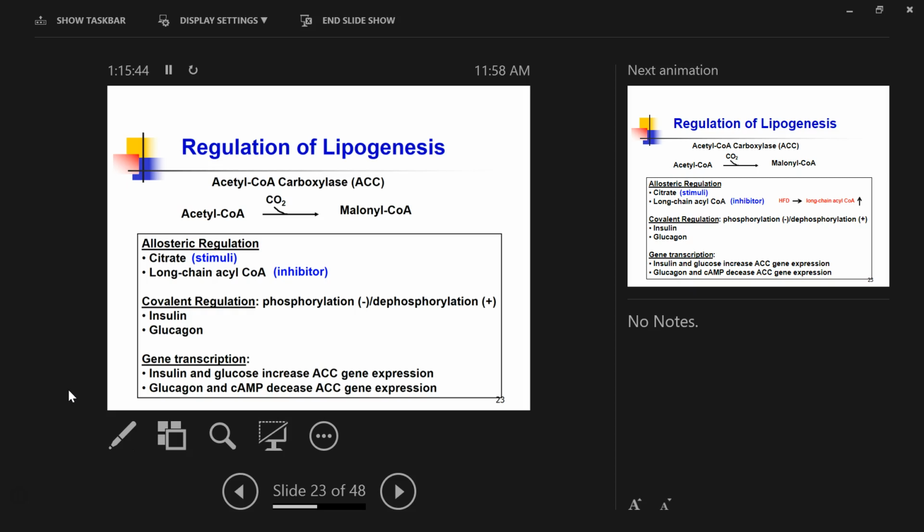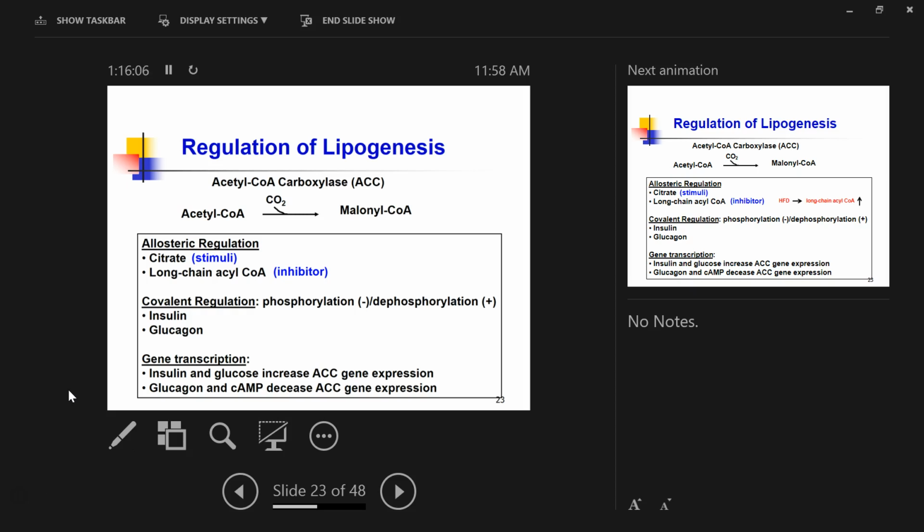First is called allosteric regulation, basically regulated by the substrate, right? The second is covalent regulation, basically regulated by hormones that regulate enzyme phosphorylation or dephosphorylation, right? And lastly, the gene transcription, the gene expression.